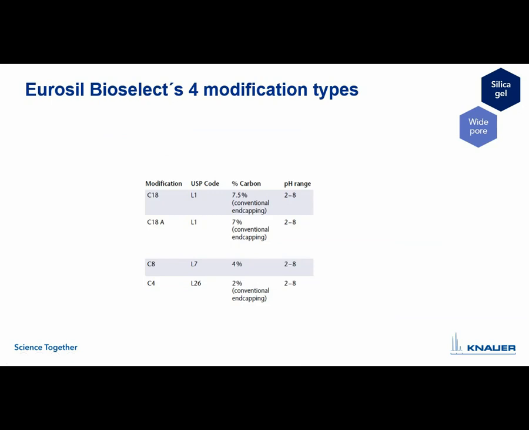And here again an overview of the 4 modifications that we can offer, and you see also that the carbon content is somewhat lower than for a C18 phase with smaller pores. It's just caused by the smaller specific surface, so you don't get as many C18 chains chemically bonded on a silica gel particle with larger pores.